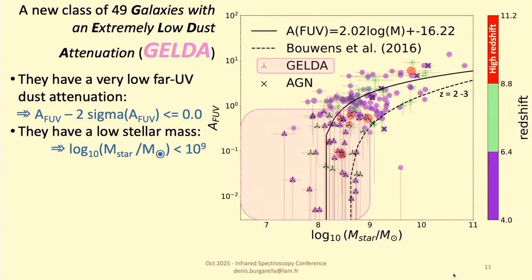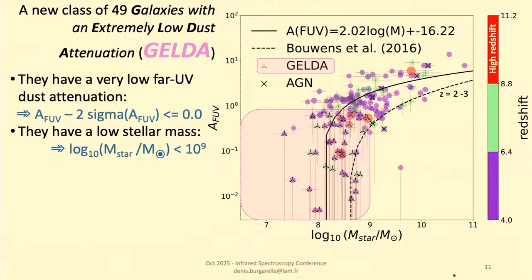The first point you can see here is from Bowens et al. 2016. That's a sample of galaxies at redshift 2, 3-ish, I think. And the trend between these two parameters is a bit different. We get to lower stellar mass, which is normal given that we are at higher redshifts.